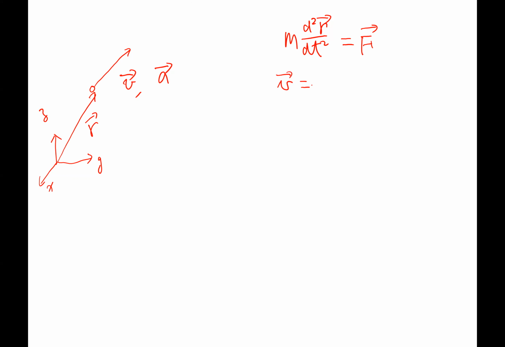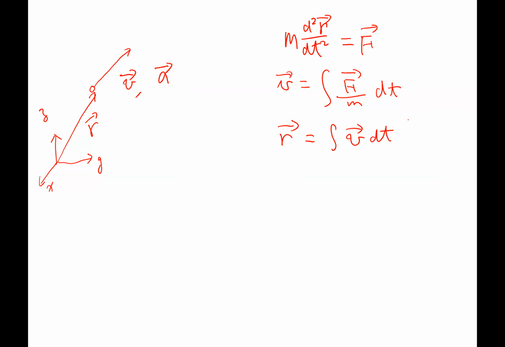So velocity is equal to the integral of F divided by m with respect to time. This will give you the velocity. Once you know velocity, we can integrate further.